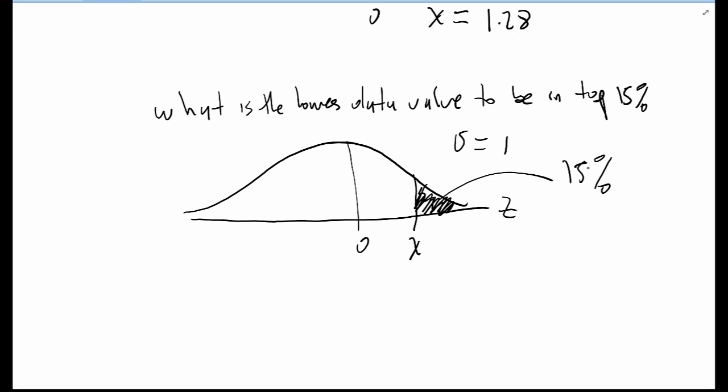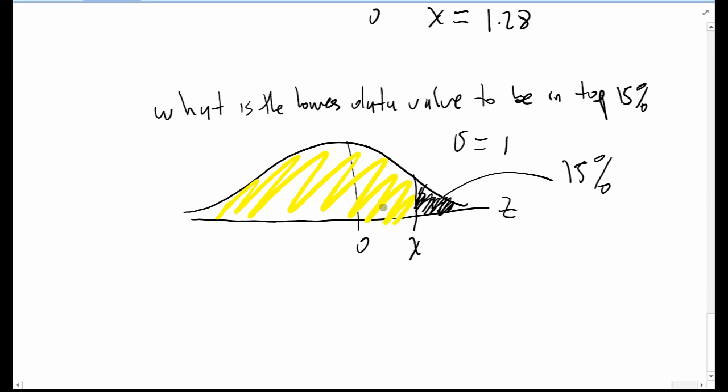Well, again, there are two ways of doing this problem, because the thing with the tables is that they give us areas below the value. So we can use the complement. We could say, well, if you are in the top 15%, it means that the percentage of data below you is going to be 85%, 0.85.